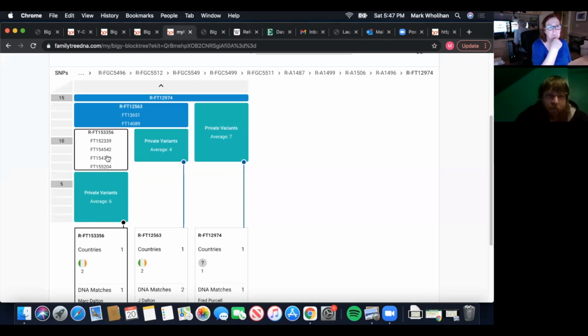These could all be father, grandfather, great grandfather, great great grandfather, but they don't know the order that they go in.